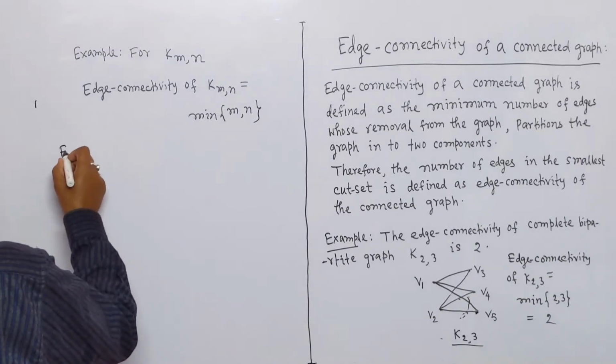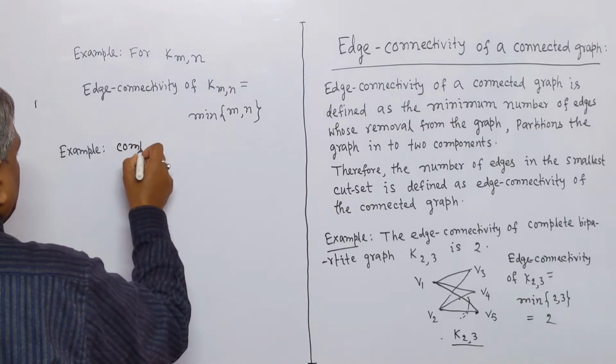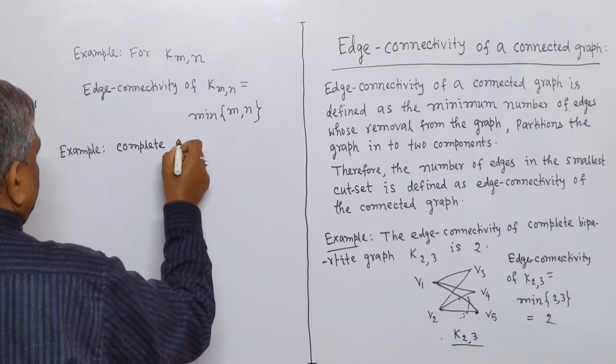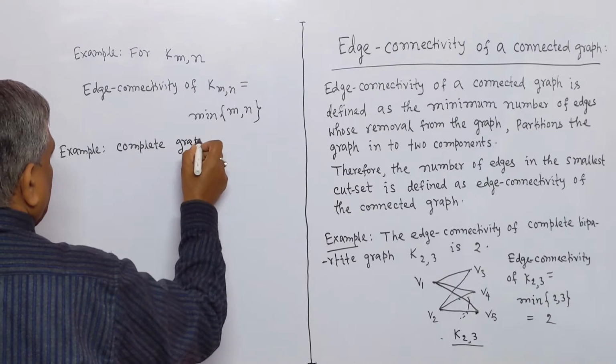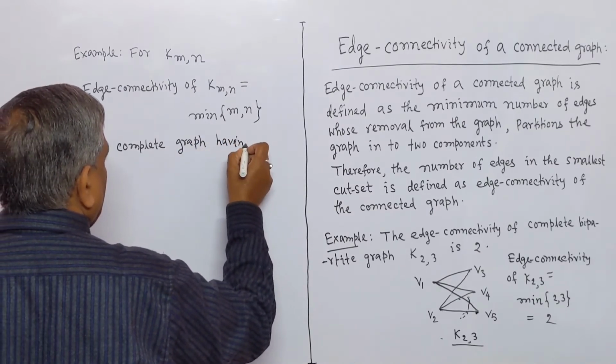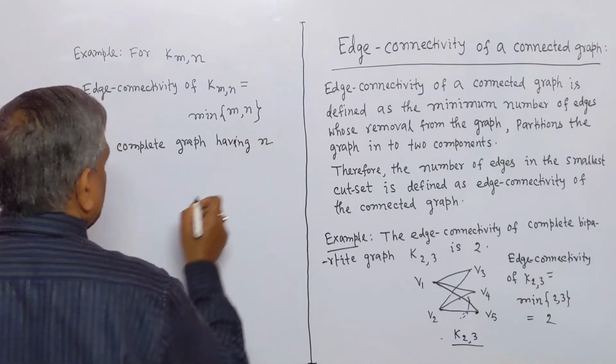Next example, complete graph having n vertices.